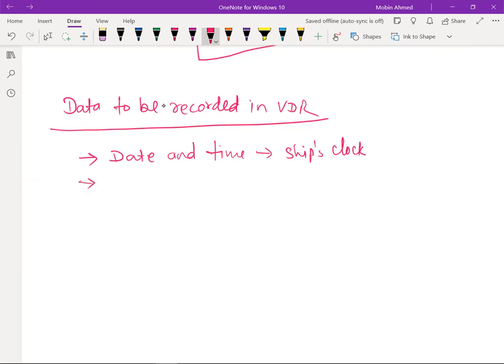So date and time will be going from the clock. And ship's position, so this is lat and long. That will be going from the GPS. Then speed. This will be going from the speed log.